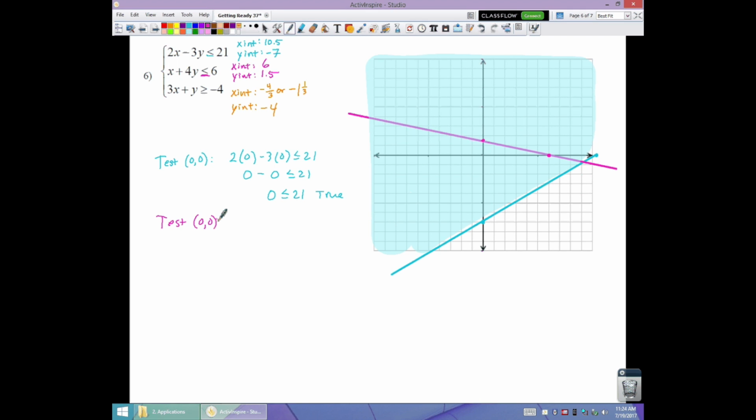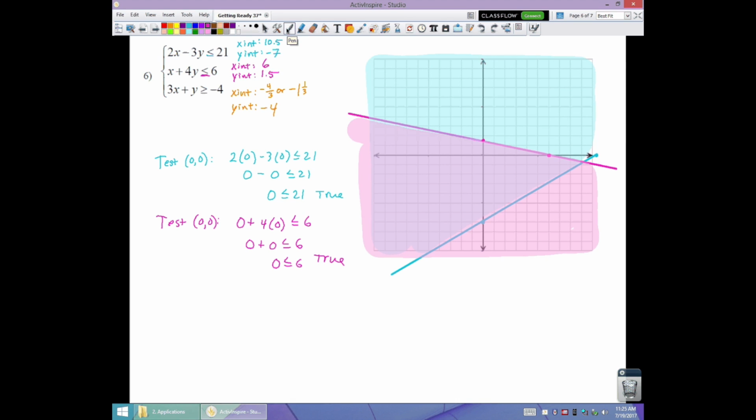So 0 plus 4 times 0 is less than or equal to 6. 0 plus 0 less than or equal to 6, and that is true. That tells me I should shade everything below the pink line because I want the 0, 0 to be shaded.